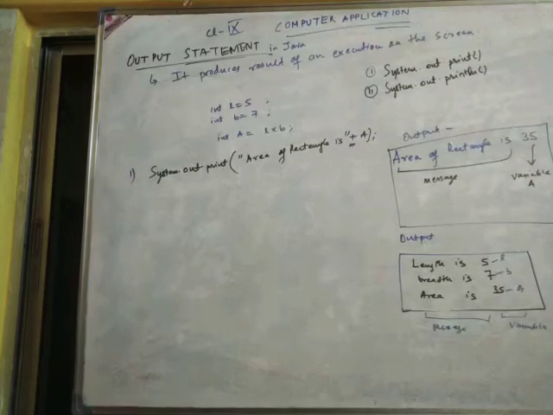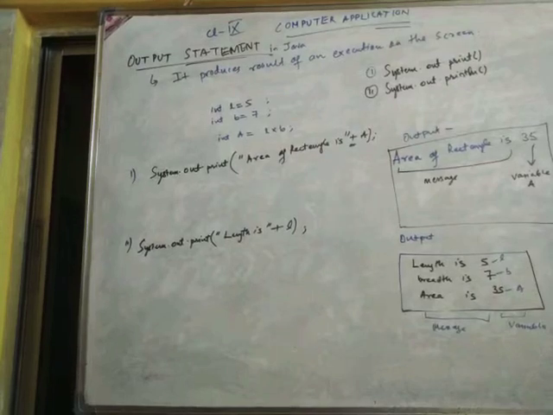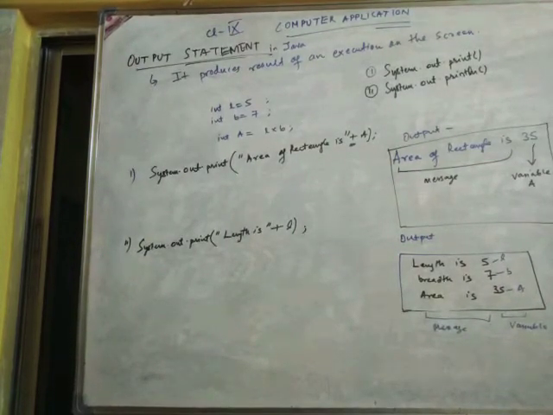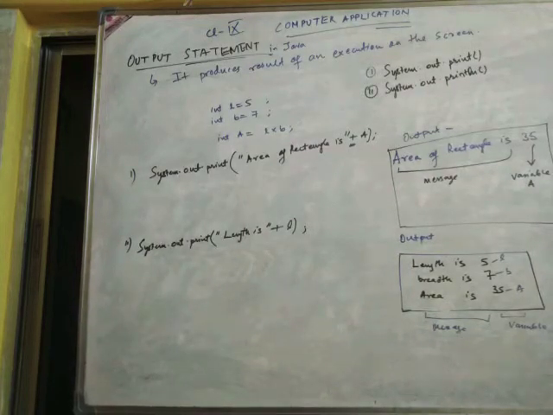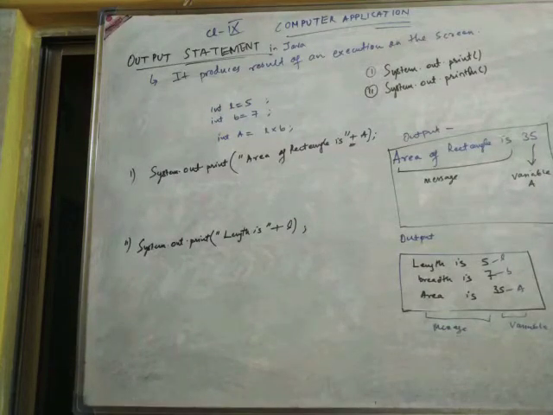Length is the message, so we write System.out.print length is plus L. So what will come on the screen? First, length is 5 will come on the screen. Now we go to the next line. To bring the cursor to the next line, I have to use System.out.println.